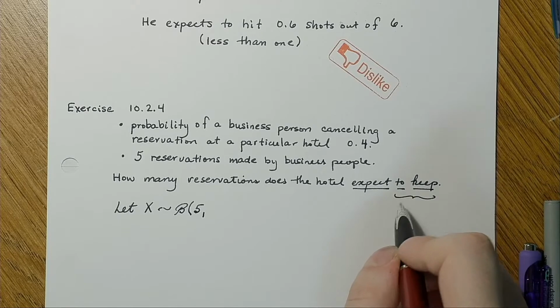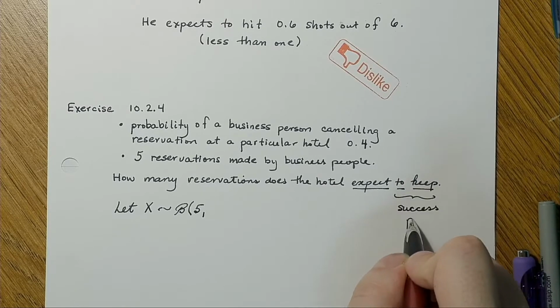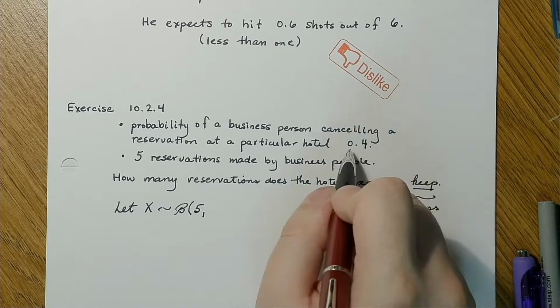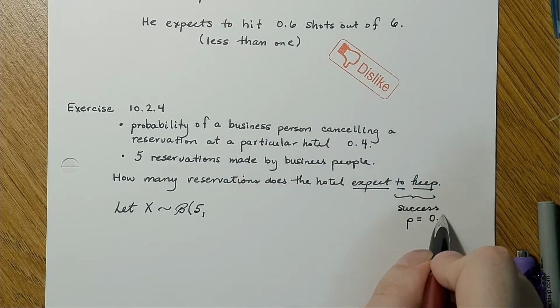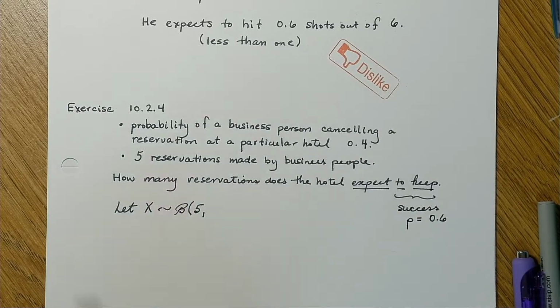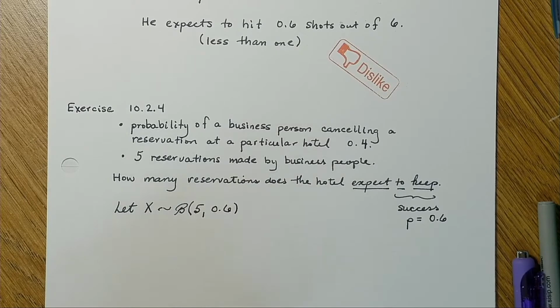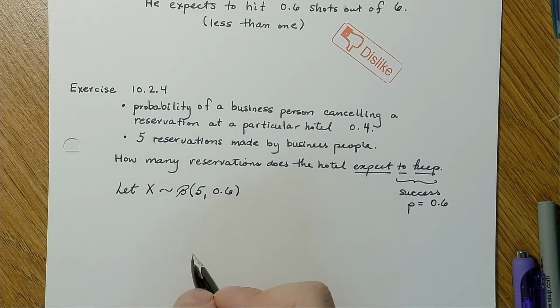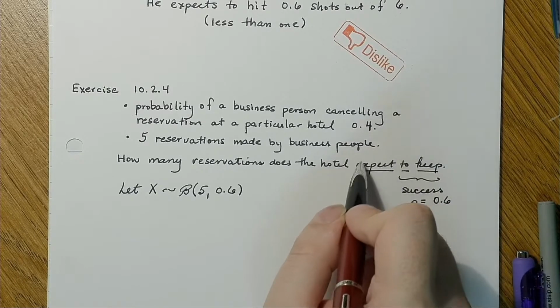Keeping the reservation is the success. So the probability is not 0.4, which is where they cancel, but 0.6, where they actually do keep it. And right here is the keyword: expectation. Expect to keep.